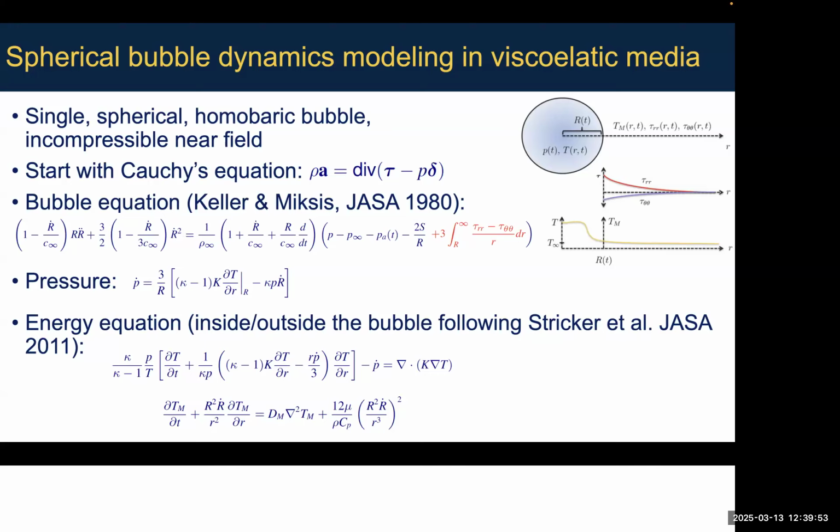You can reduce the equations of motion with appropriate assumptions to a single ODE that looks like a harmonic oscillator. It's actually a nonlinear oscillator. You might have to solve some PDEs if you want to get the temperatures and stresses right. But by and large, the model ends up being a lot simpler.